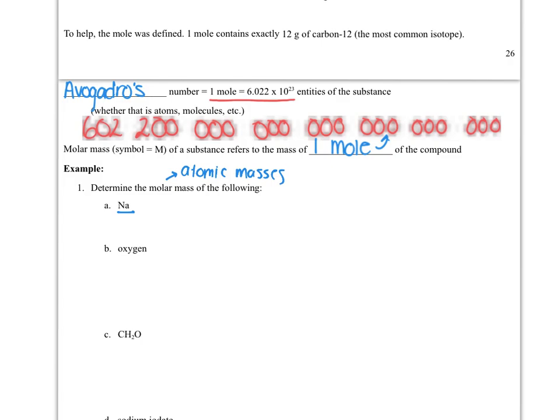The molar mass of sodium is 22.99 grams per mole. The unit grams per mole tells me that 1 mole of sodium weighs 22.99 grams on my scale. We're going to do the same thing for oxygen, but when we have a name for a compound or an element, we have to turn it into a symbol or a formula, just in case.